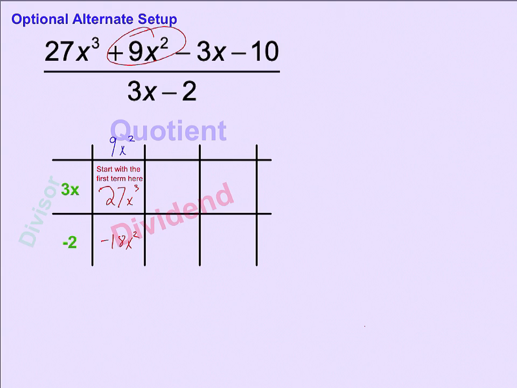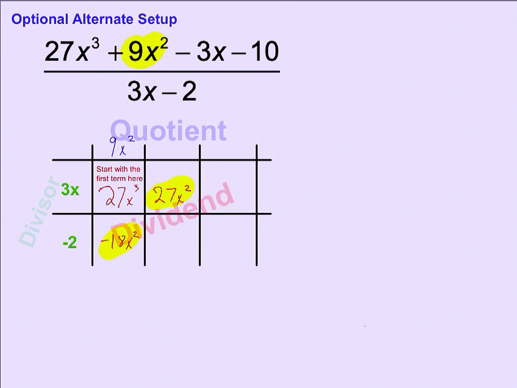So in the diagonal space here, we're going to put the remainder that we need. How many x squareds do we need? If we have negative 18x squared, but we need to get up to 9x squared, how many more would we need to add to it? You can do the subtraction or figure it out in your head. We need 27x squareds. The idea is that these two things combined work to make that.